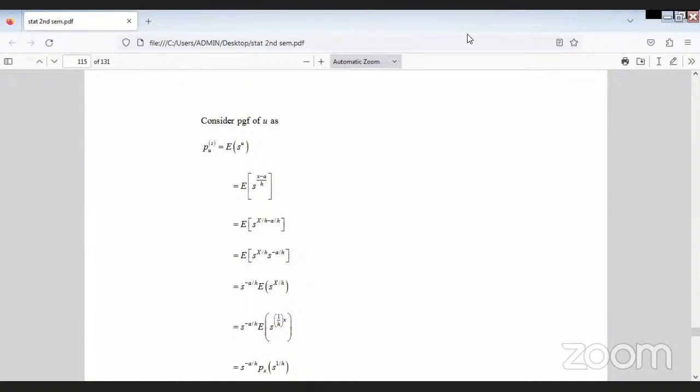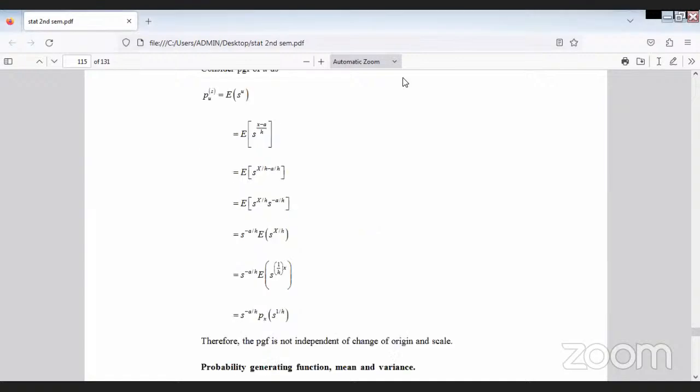Yes, sir. Writing X by h once and minus a by h once, I take s power minus a by h outside, and write E into s power X by h. Can we write it or not? Samhita? Yes, sir. Shravani, are you listening? Yes, sir. Okay.